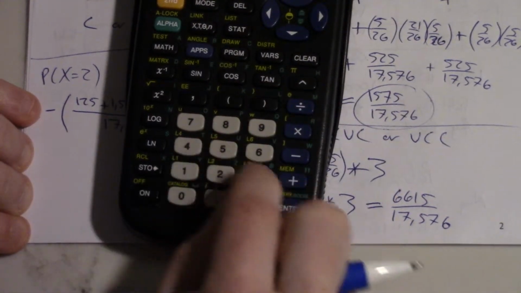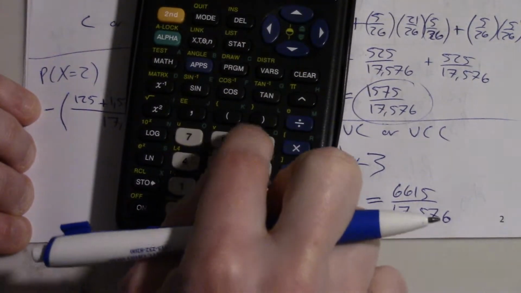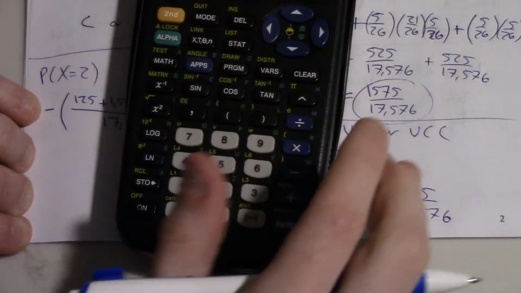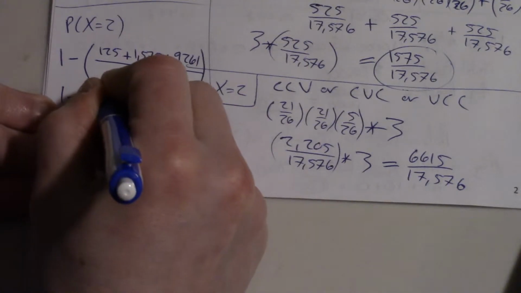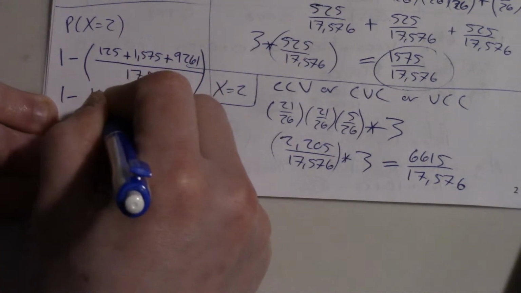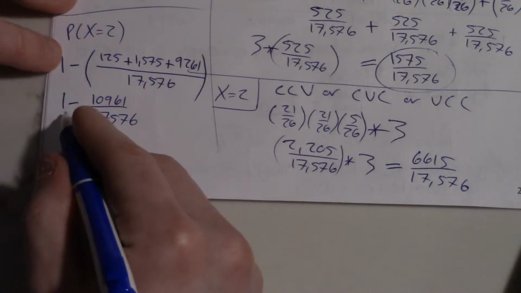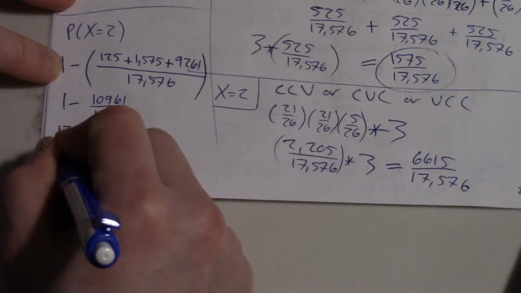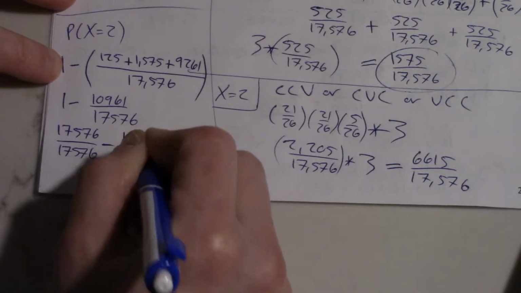So if you add all of those up, 125 plus 1,575 plus 9,261, that leaves you with 10,961. So 1 minus 10,961 over 17,576. We can convert this 1 to be 17,576 over 17,576 minus the other fraction.